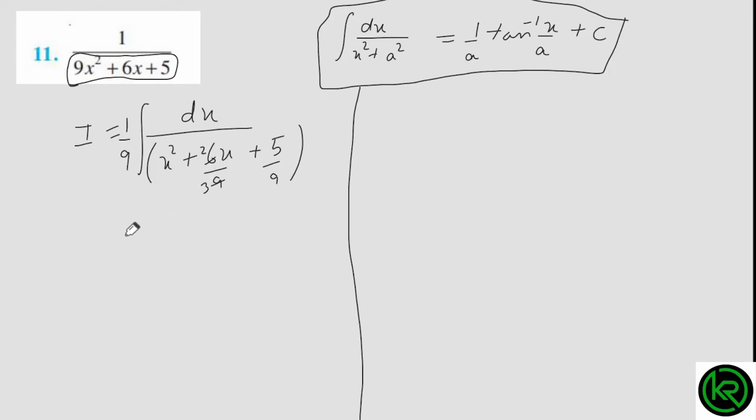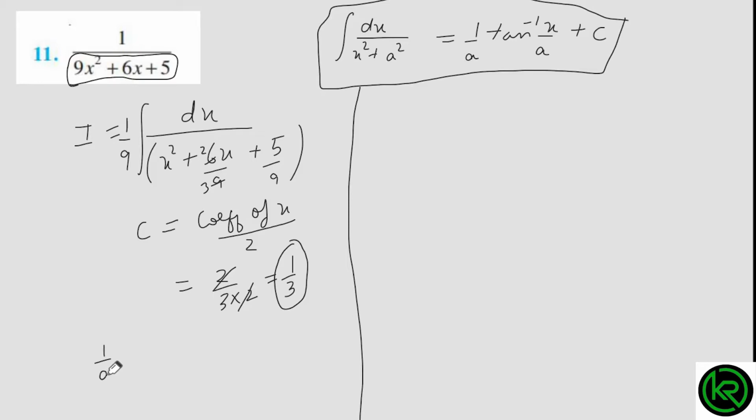Okay, so our next step is we have to get c. C is equal to, I told you, coefficient of x upon 2. The coefficient of x is 2 by 3, and upon 2, so it will cancel each other and we will get 1 by 3. So this number's square we have to add and subtract to complete our square.